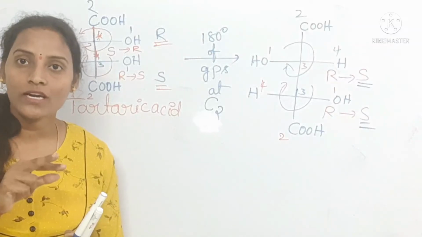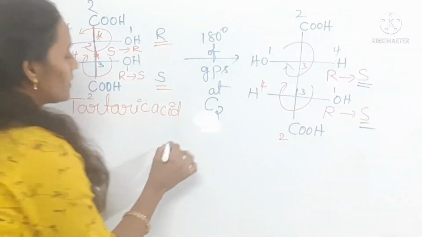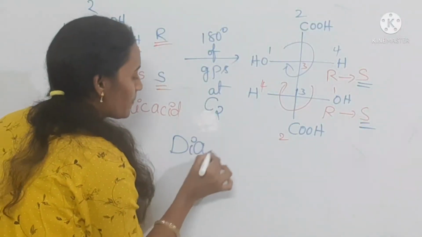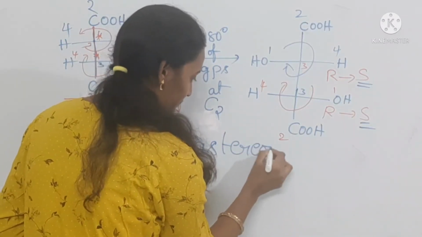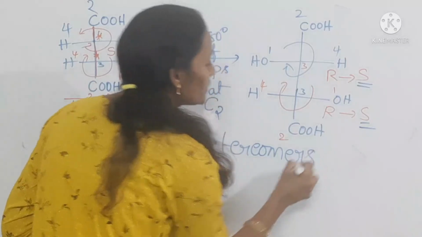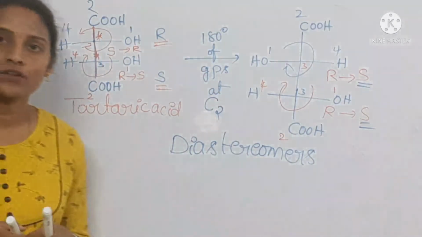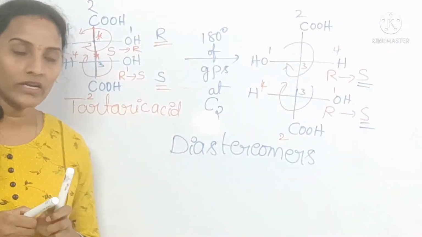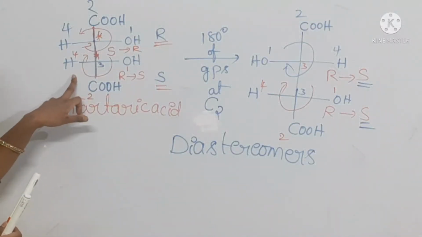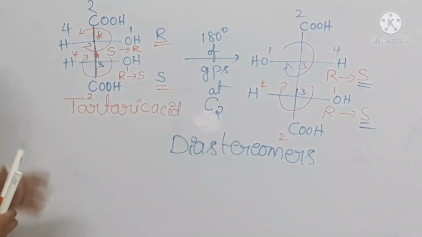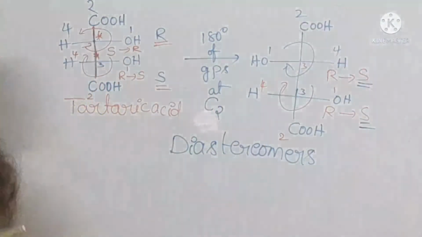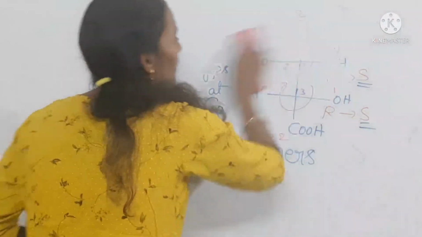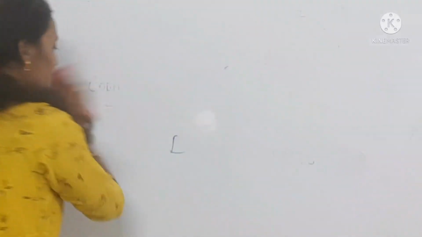Those types of isomers are nothing but diastereomers. So these two are diastereomers of tartaric acid. This one is the mesotartaric acid, students. Coming to the next one, one more example you can take for diastereomers. After that we will wind up this session.